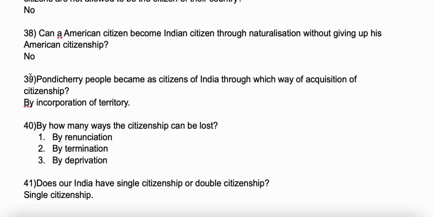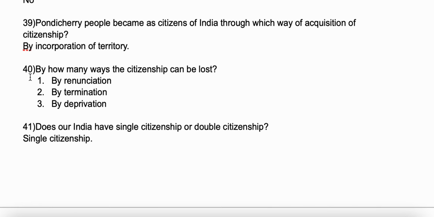Okay. Now 39th question, Pondicherry people became citizens of India through which way of acquisition of citizenship? So here, at first when India was formed, that is on 26th January 1950, Pondicherry was not part of India. But later on it was acquired under India. It became a part of India later on. So what about those people who were under French rule?